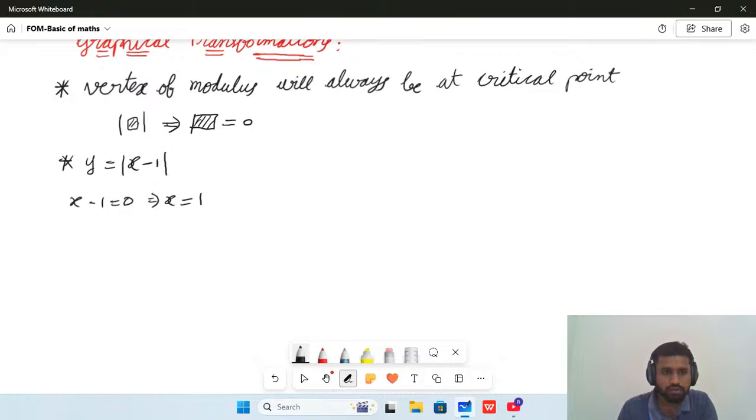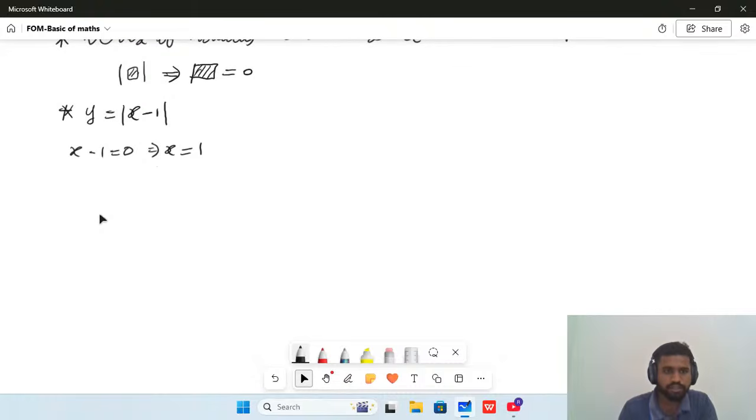How to draw the graph of y equal to mod x minus 1? Take a y-axis and x-axis. This is the point x equals 1.